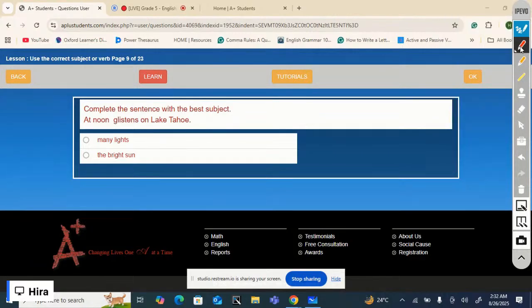The rule is, if the subject is singular, singular subject means we will use a singular verb. Now remember this rule. If the subject is singular, use a singular verb. And a singular verb ends in s, es, or ies.